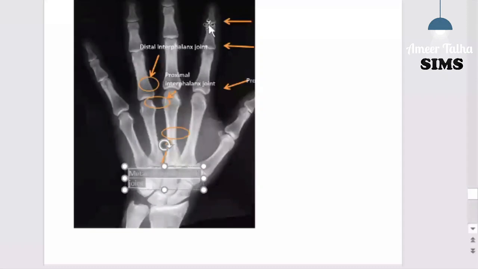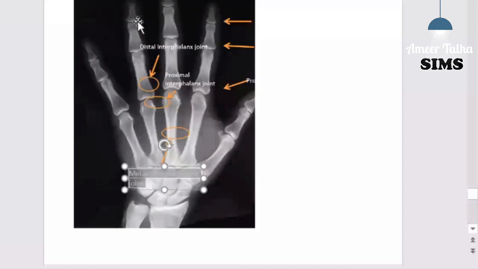So at this level, this one is the metacarpophalangeal joint, this one is the proximal interphalangeal, and this is the distal interphalangeal joint. Here this is the distal interphalangeal joint, the proximal interphalangeal joint, and the metacarpophalangeal joint.